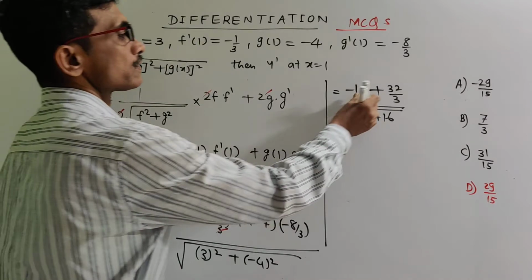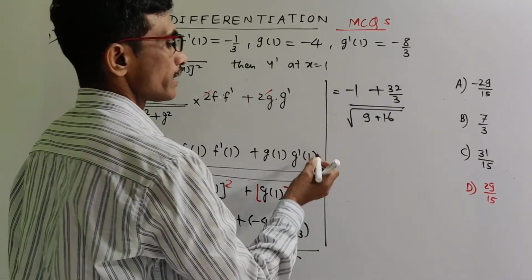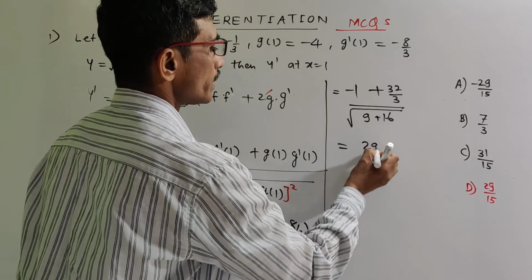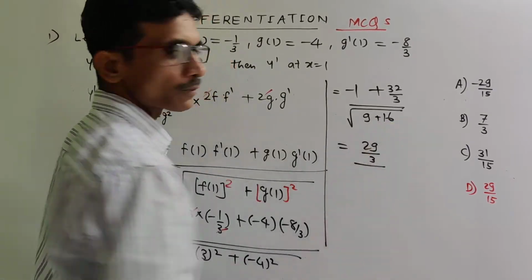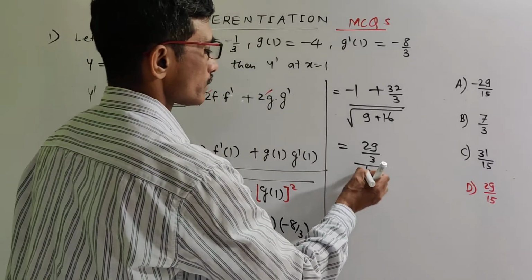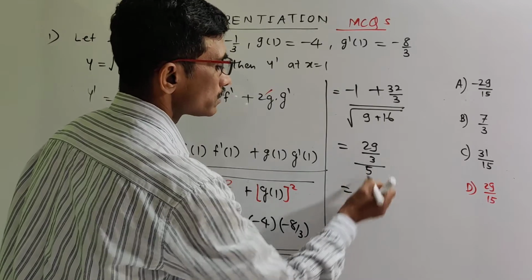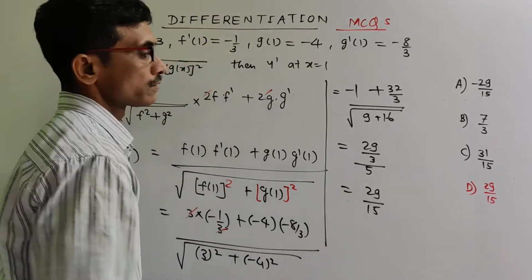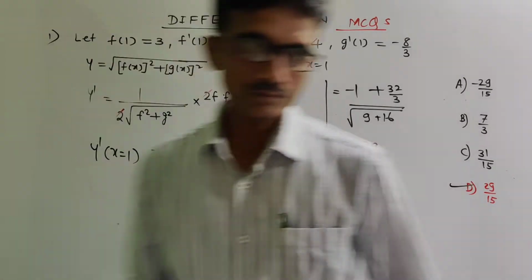Which is this: minus 3 and plus 32, that is 29 upon 3, and this is square root of 25 which is 5. This will be 29 upon 3 into 5, it is 15. So the correct option is 29 upon 15.